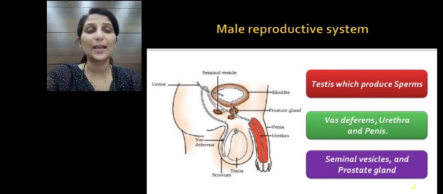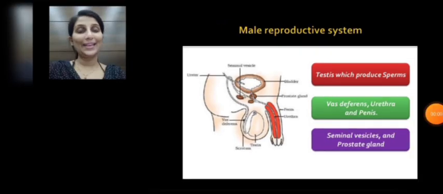The pair of testes helps in the production of sperms. The duct system involves the vas deferens and the urethra. And the external genitalia is called the penis. The associated glands are the seminal vesicles and the prostate gland. These glands release certain secretions, and these secretions along with sperm are called semen.